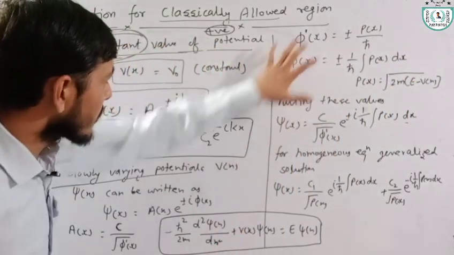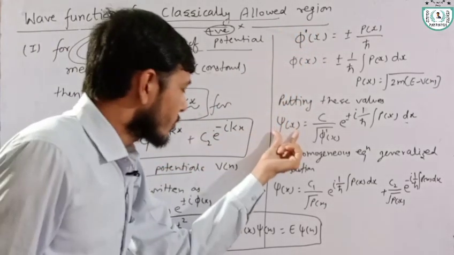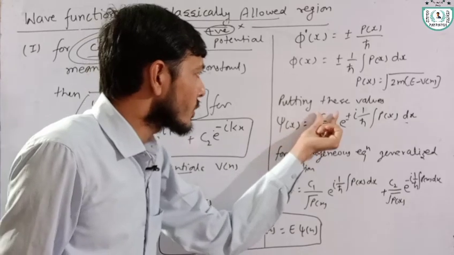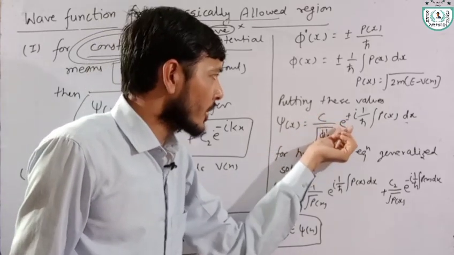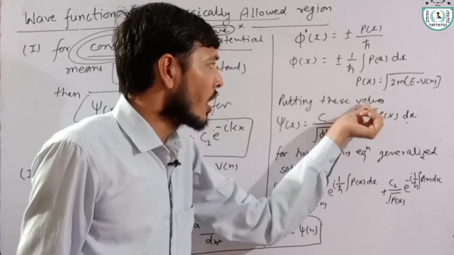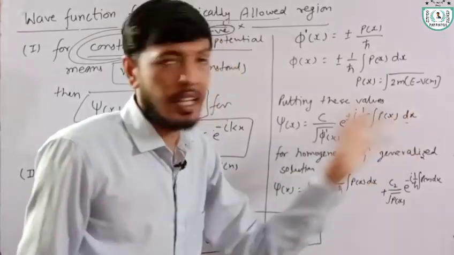Okay, after putting these values, we have the wave function psi of x is equal to c over root phi prime x e raised to power plus minus iota 1 over h cut into integration p of x dx.